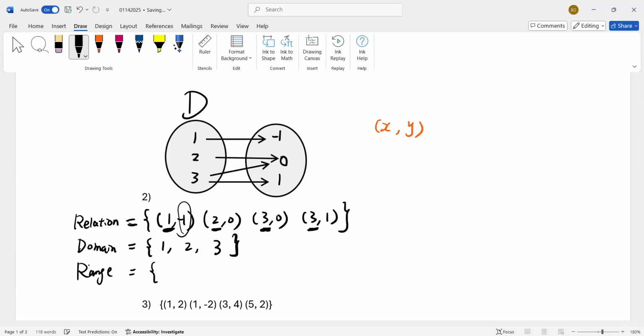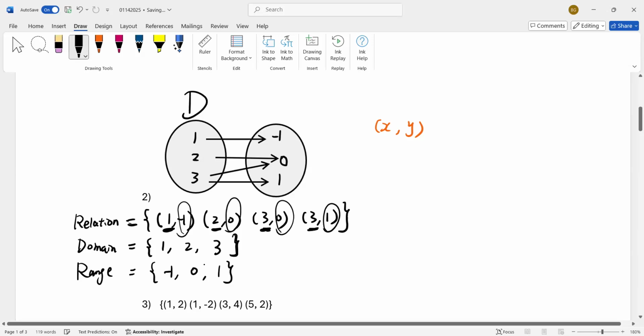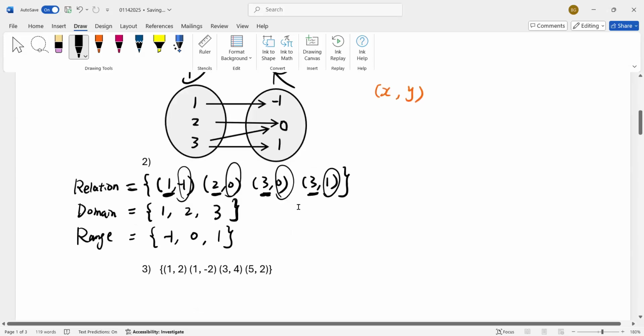So the second component is -1, 0, 0, 1. Same as earlier, if we have a repeating element, do not write it twice, only one time, okay? So -1, 0, 1. Turns out the range is the second oval, right? So that's the second example about the definition of relation and its domain and range.